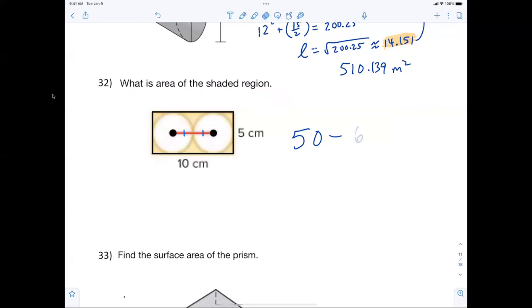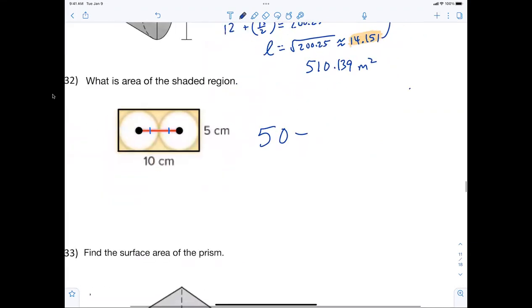No, I want an exact answer here. So how many circles are there? 2. What's the radius of the circle? 2.5. So what's 2.5 squared? 6.25 times 2 is 12.5. So it should be 50 minus 12.5 pi, I believe.